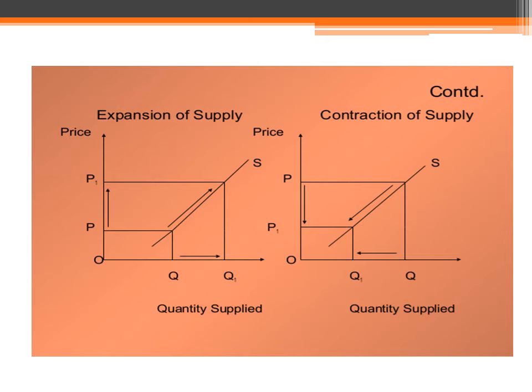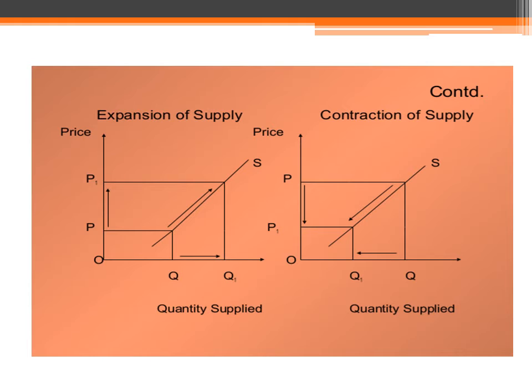And in the second diagram, price is falling from P to P1, and the supply also falls from Q to Q1, where you can see the downward movement along the supply curve.